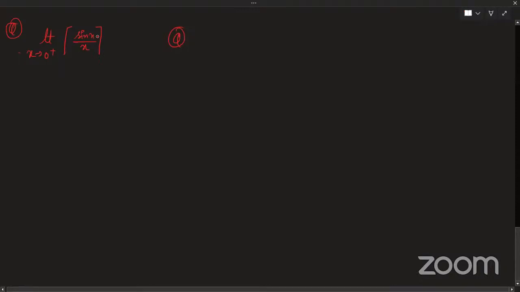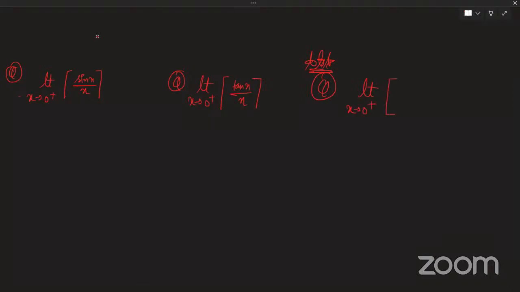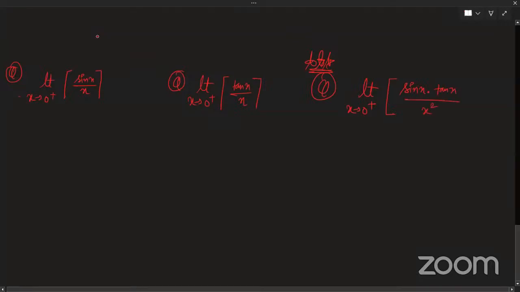Same way, limit x tends to 0 plus of the least integer of tan x by x. Now I have one special question. These two are really simple, but this one is a bit difficult. Limit x tends to 0 plus of the greatest integer function of sin x into tan x by x square.